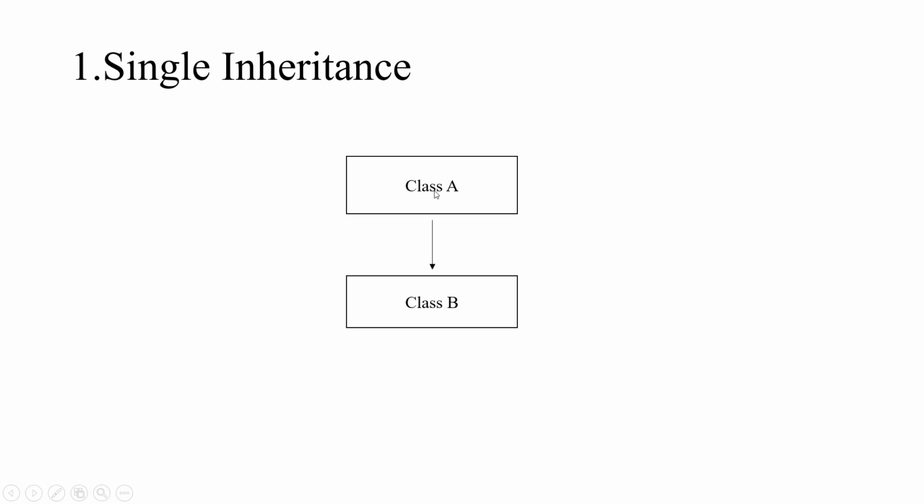Here class A is the superclass and class B is the child class. Class B inherits all the properties of class A. That is nothing but single inheritance. One thing we have to keep in mind is that in single inheritance there is only one superclass and only one child class, meaning subclass.